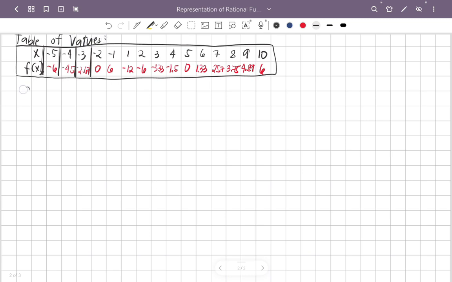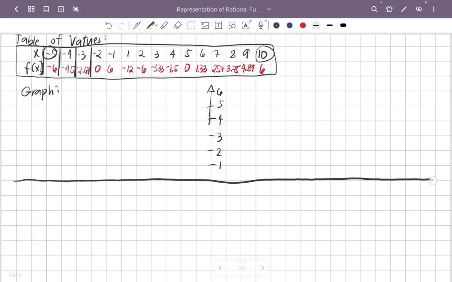Now let's graph. Let's count. 6, 5, 4, 3, 2, 1. This one minus the x.